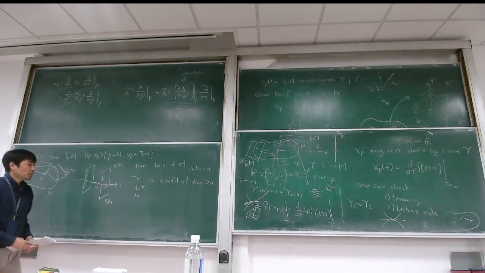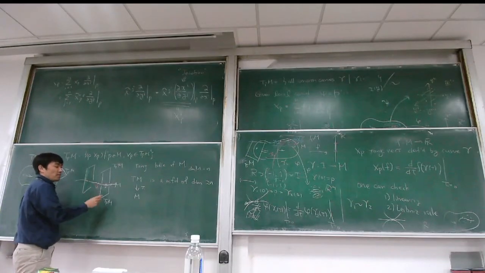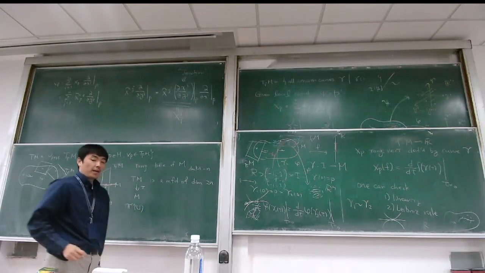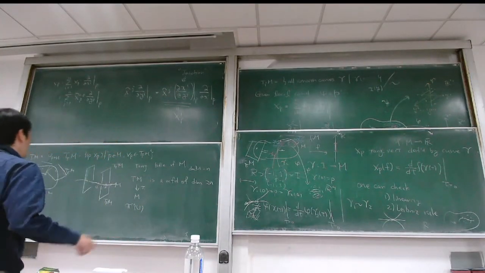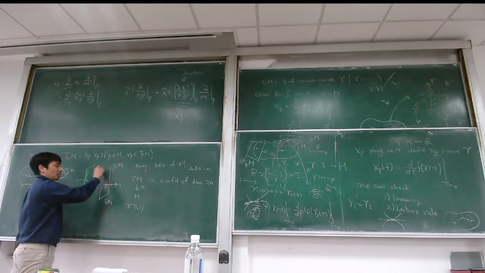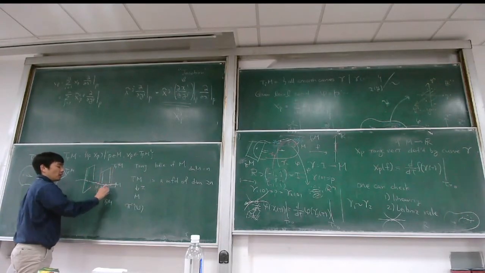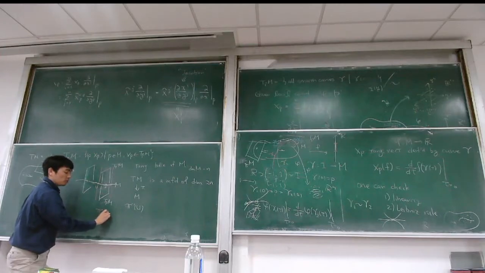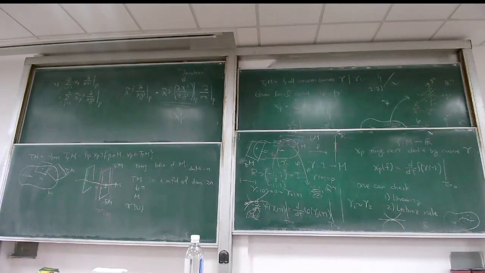Okay? Then if you consider the inverse image of U under pi, it becomes all the bundle contained in this region. So this is pi inverse of U. You understand?